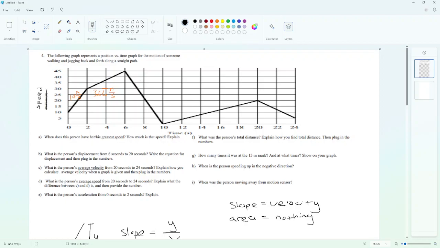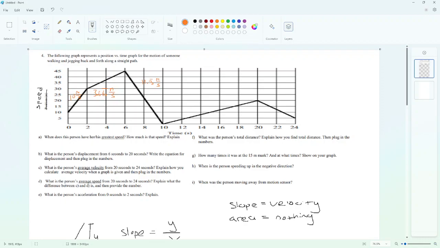So we're dealing with 11.3 repeating meters per second. Right, 45 divided by 4, 11.3 meters per second repeating. So what about from here to here?